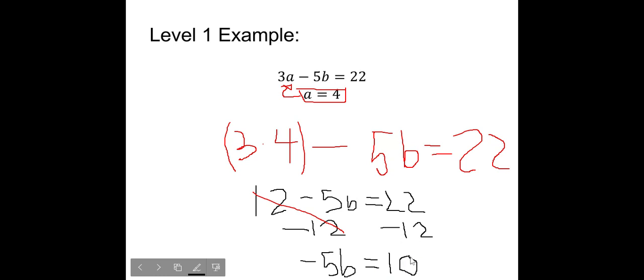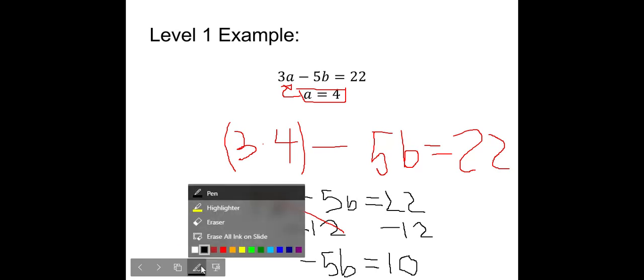So lastly, we don't really have room to show it, but we're just going to divide each side by negative 5. We want to get b alone, so we don't want to divide by b. We want to divide by negative 5. So I'm going to go ahead and erase, and we'll have negative 5b equals 10.